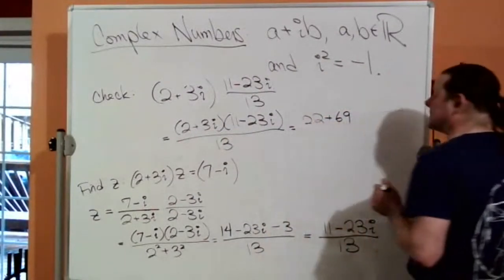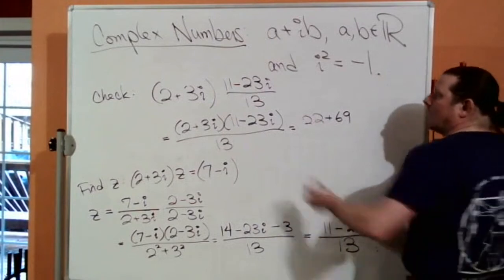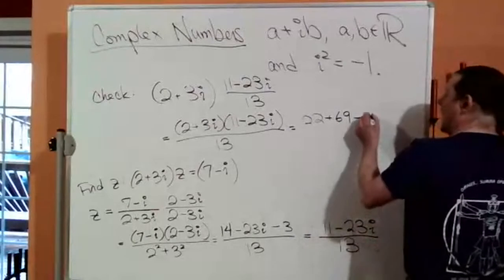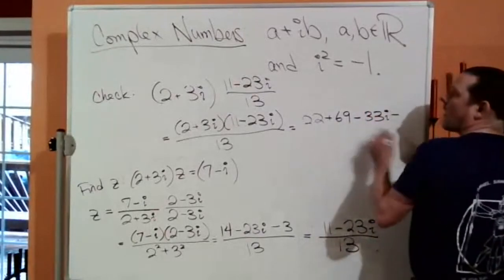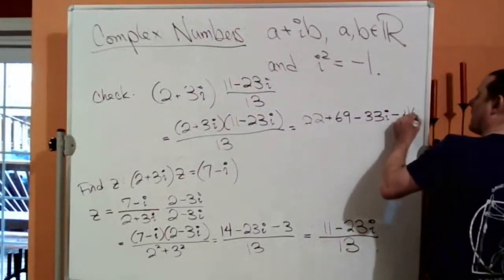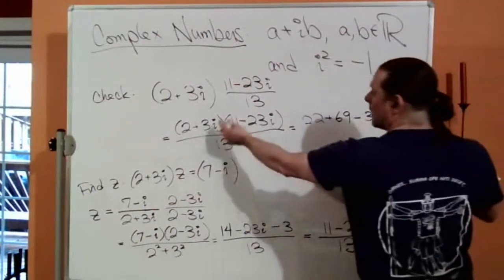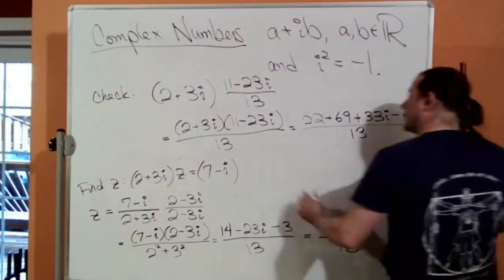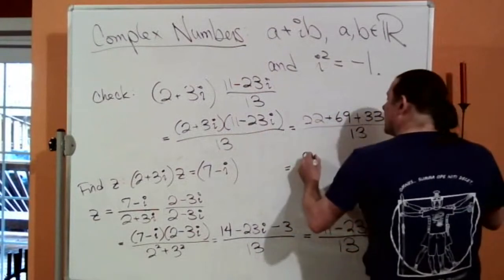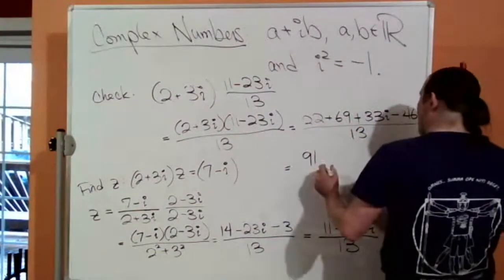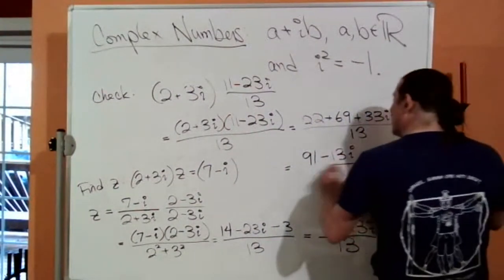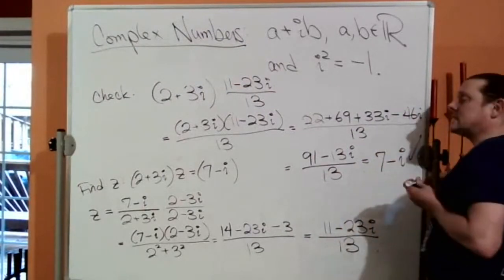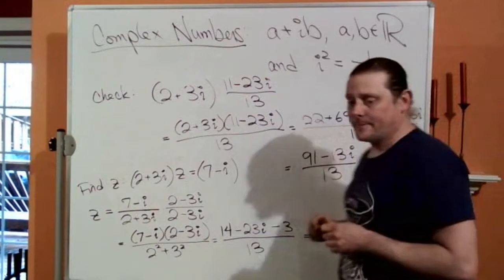So that's plus 69, right? And then it's going to be minus 33i minus 46i. Or sorry, plus 33i minus 46i, all divided by 13. So this gives me 91 minus 13i divided by 13, which indeed is 7 minus i.